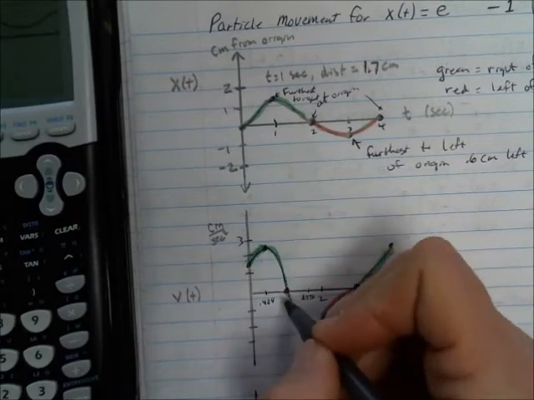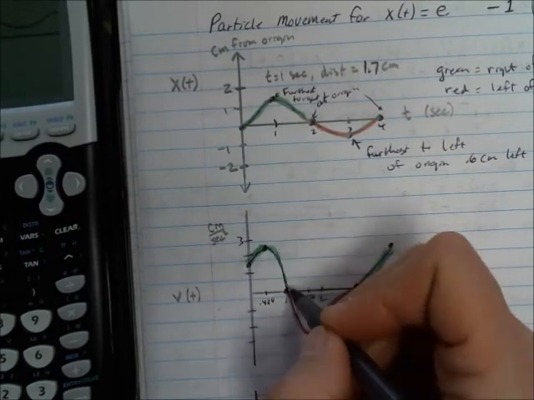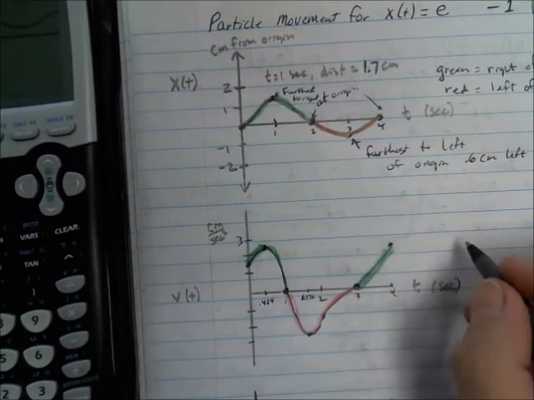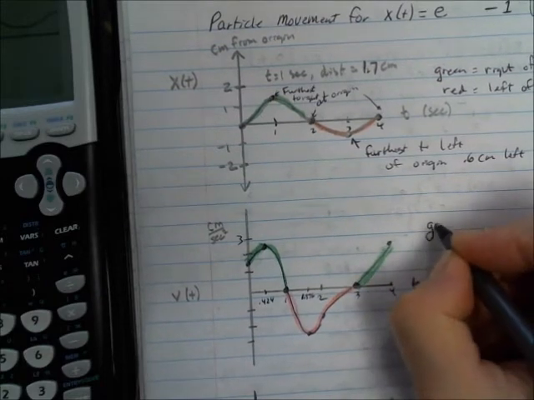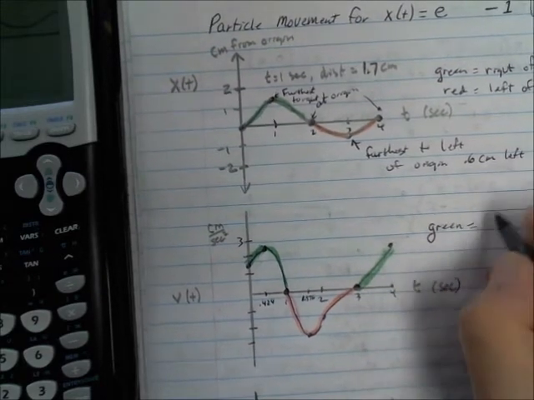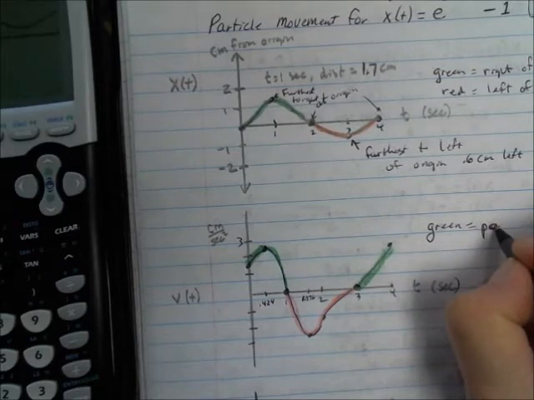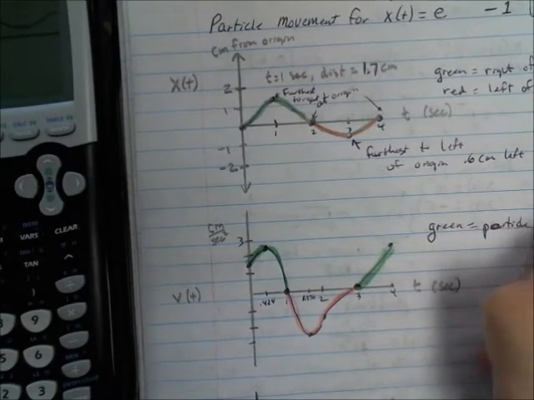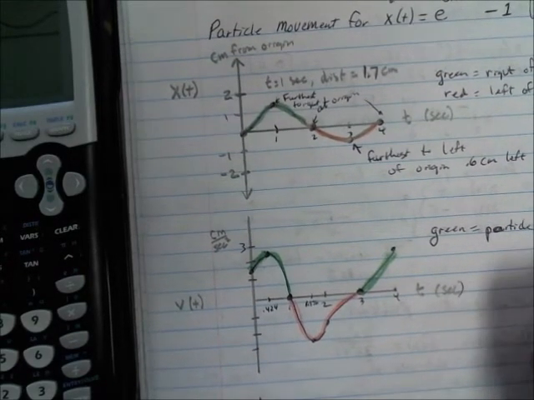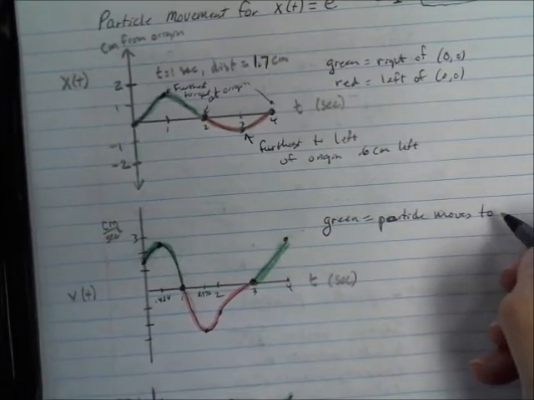Well, if you have a velocity that's positive, it just means that the particle is moving towards the right. So green on velocity means particle moves to or towards the right.